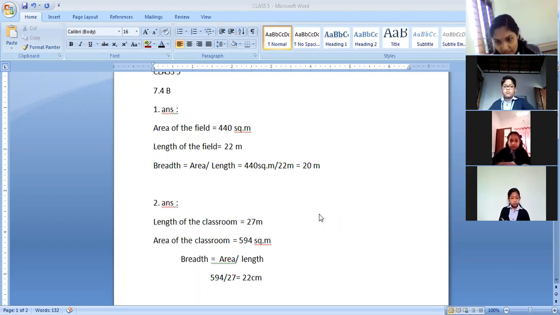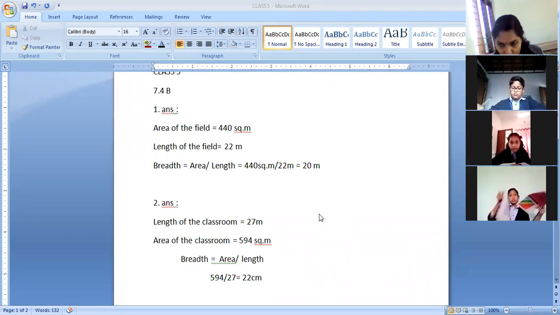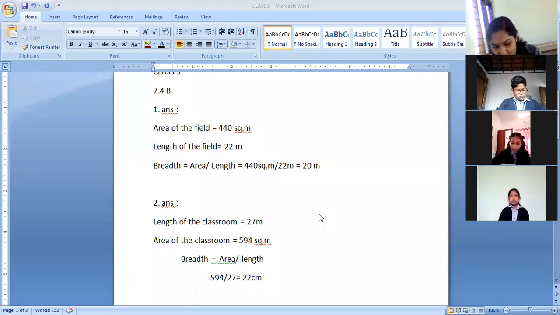Area of the classroom is given in the question. And length of the classroom also given. Rectangular classroom is of length 27 meter. That means length of the classroom is 27 meter. If its area is 594 square meter, that means the area of the classroom is 594 square meter.